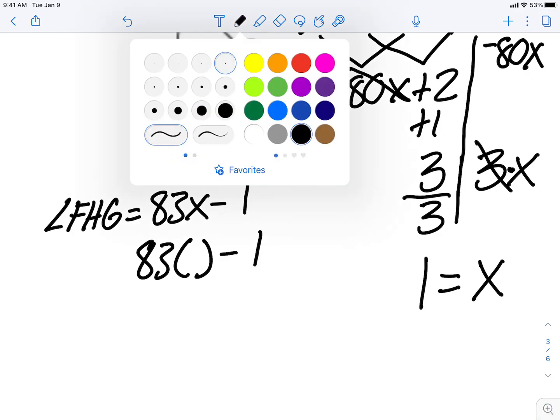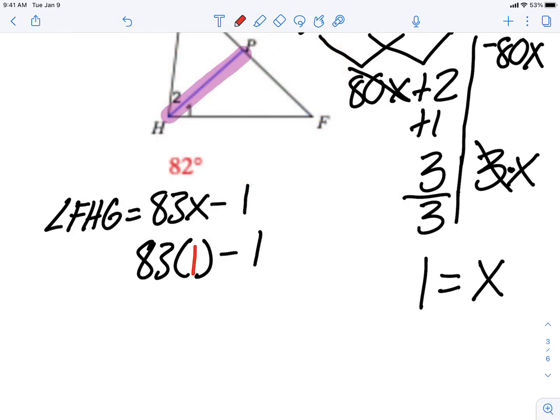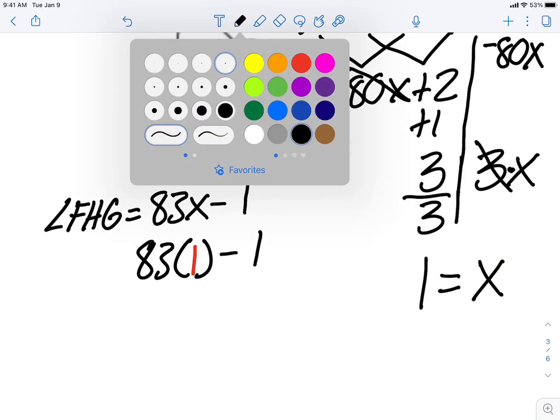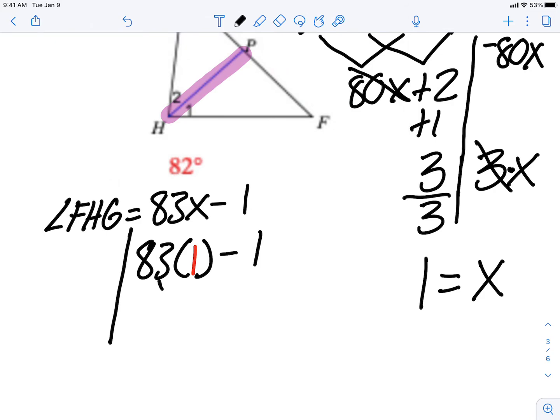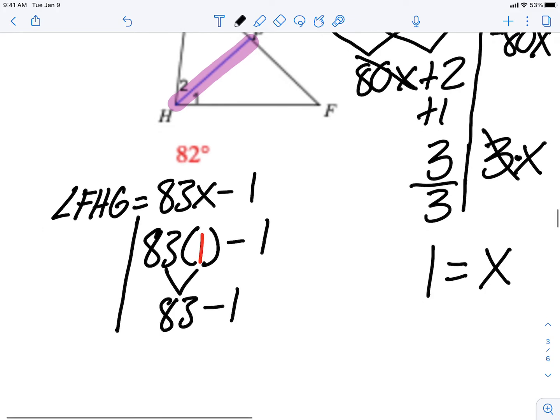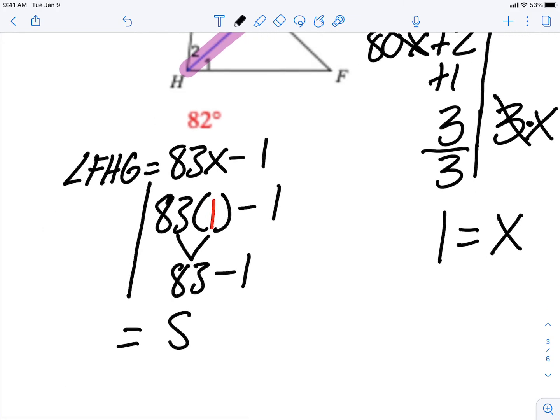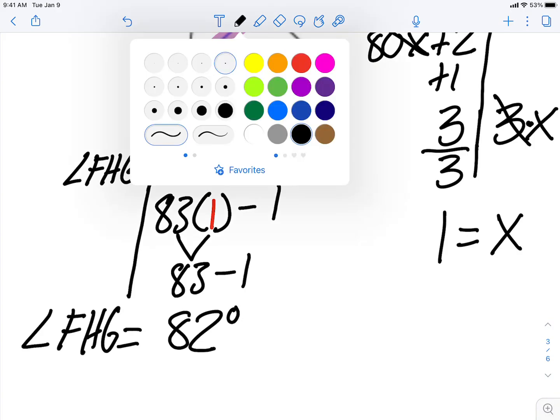What's going to go in there is 1, and I got this from x equals 1. So I draw my line of separation. 83 times 1 is 83. Minus 1 is equal to 82. So angle FHG is equal to 82 degrees.